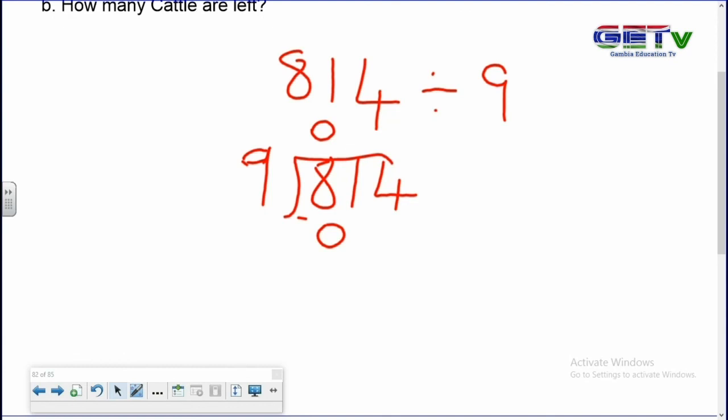Let's subtract it. 8 minus 0 is 8. Let's bring down our 1.